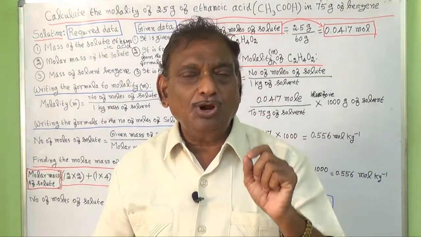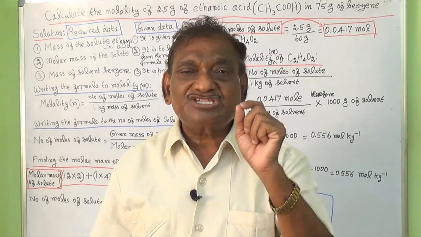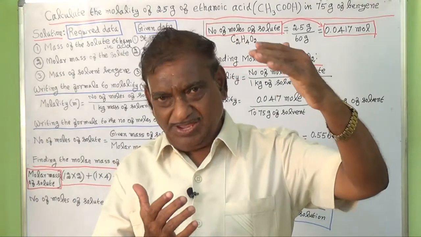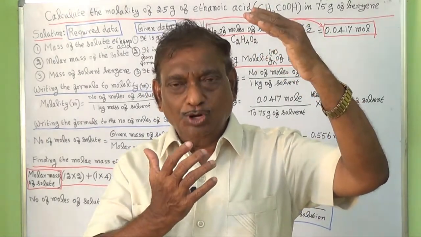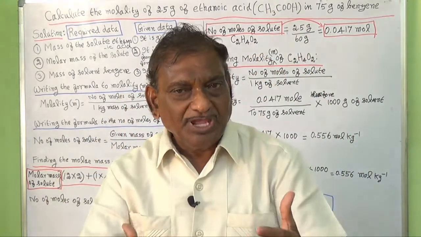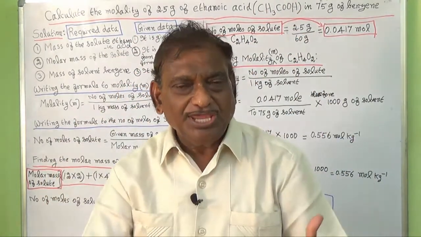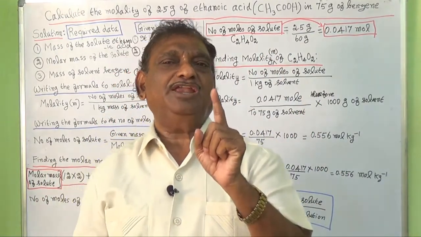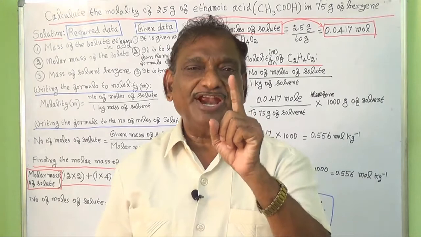In 1 mole there are 96,500 coulomb of charge. So in this way, we are expressing 1 mole in terms of mass, in terms of volume, in terms of number of molecules, in terms of charge. This 96,500 coulomb is 1 Faraday.